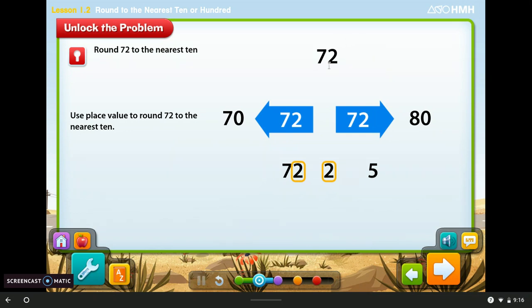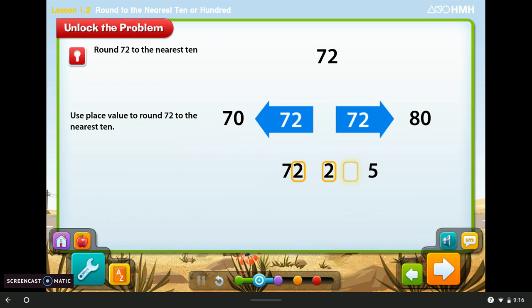Now I'm going to use that 2 to help me figure out if I'm going to 70 or going to 80. The rule is if it's below 5, we're going to round back to the 10 that we just passed. If it's 5 or more, we're going to round to the next 10.